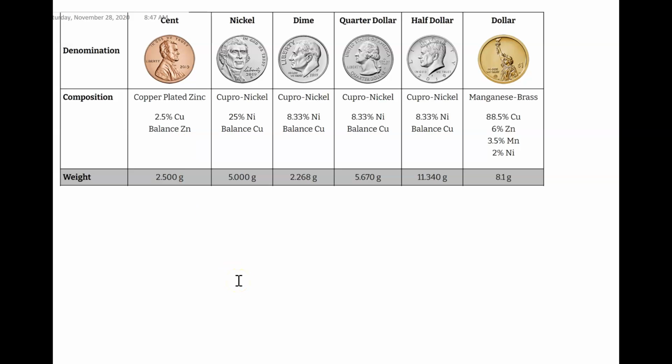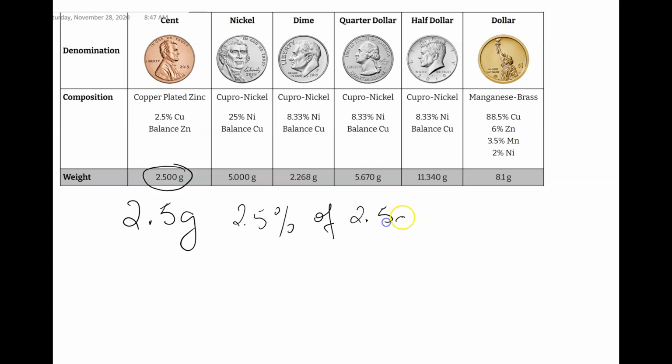So you have 2.5 grams total, and that's the weight right here. And 2.5% of that is copper. Now, what does that mean? That means 2.5% of 2.5 grams equals copper. And how do we do a percentage of a mass?